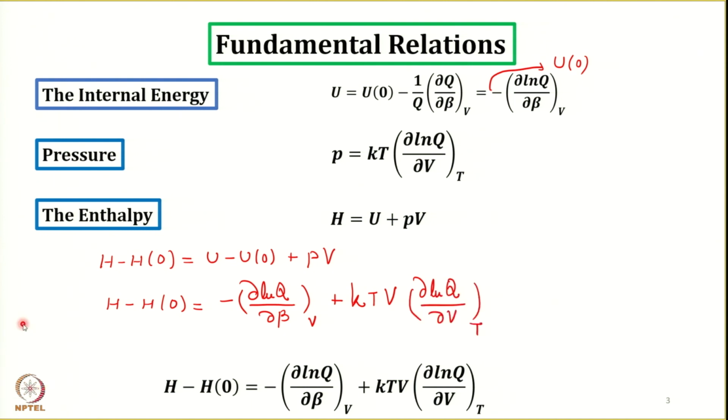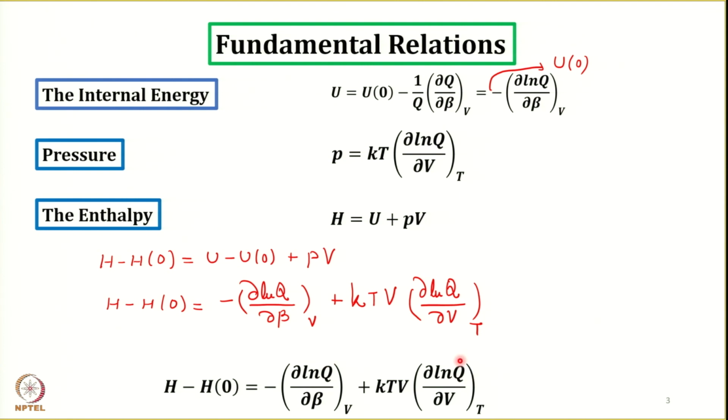So very easily we are able to obtain an expression for H minus H0, which is minus del log Q by del beta at constant volume plus kTV into the partial derivative of log Q with respect to volume at constant temperature. This is a general, fundamental relation which connects enthalpy with the canonical partition function.